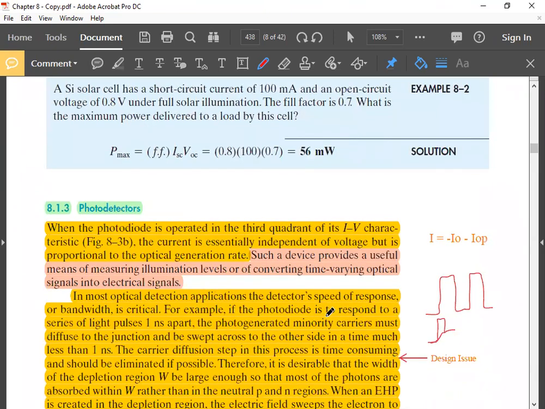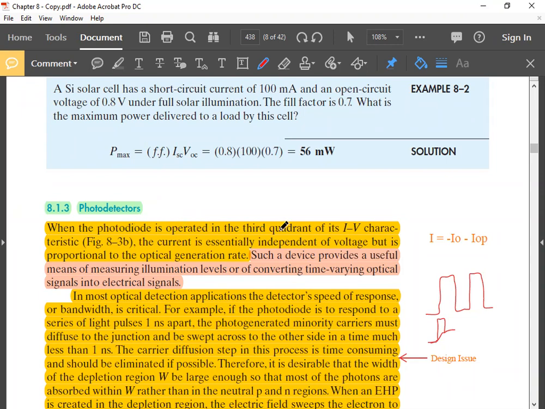The current depends on the optical generation rate GOP, which depends on light intensity. So you can see that the photodiode can be used as a detector of light. That's what is mentioned.